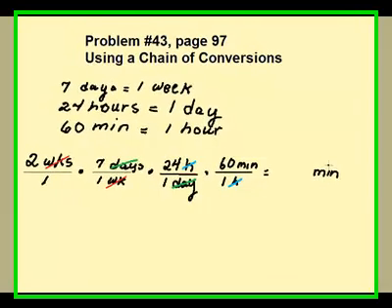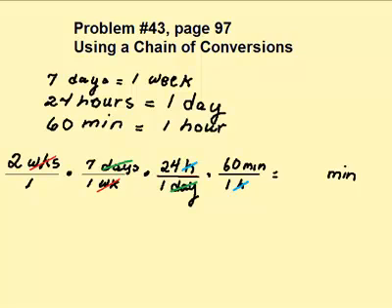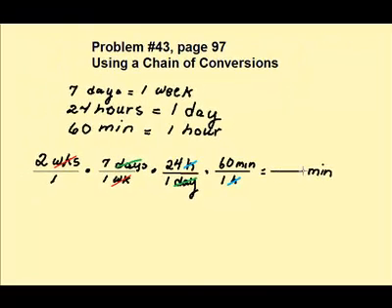Now to figure my final answer, I'm going to multiply all of the numbers in the numerators together and then all of the numbers in the denominators together. Now sometimes this particular problem works out so that 1 happens to be in all of our denominators.